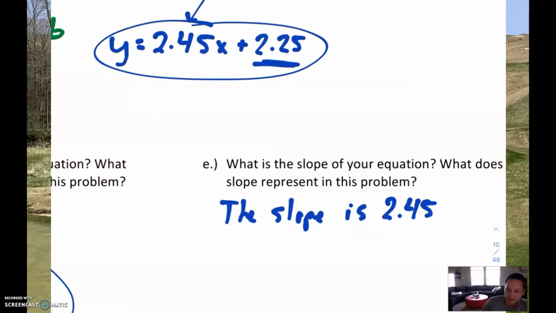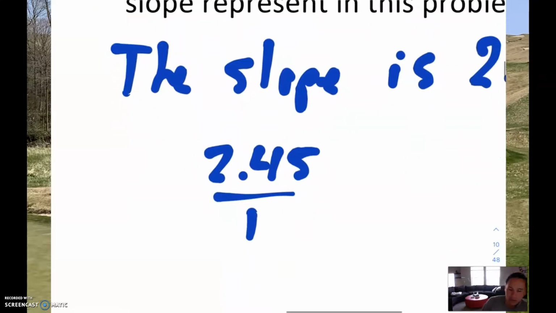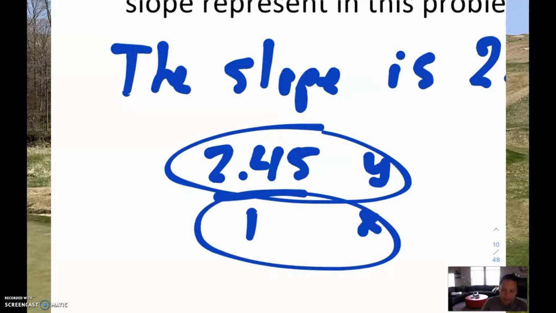Another way of thinking of this is 2.45 over 1. This is how much the y changes, and this is how much the x changes. Remember, slope is the change in y over the change in x. The y represents the cost, so the cost is increasing by 2.45 for every 1 mile. Remember, x represents the number of miles.